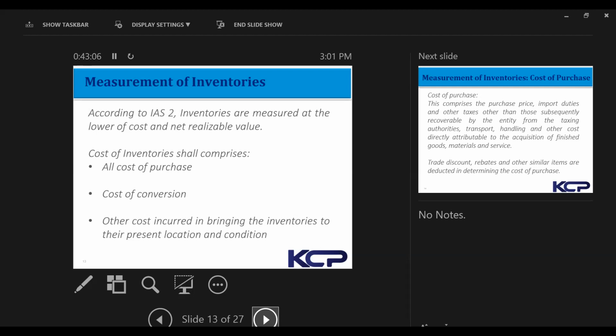So according to IAS 2, inventories are measured at the lower of cost and net realizable value. What is the cost? What is the net realizable value? You need to know what it means within the context of the standard. I bought this phone on the Highland for 150.